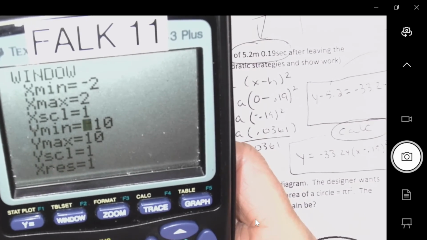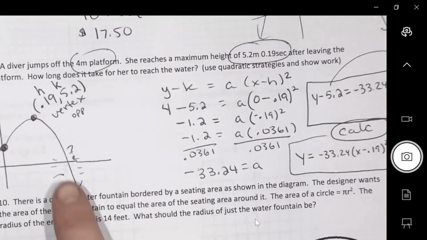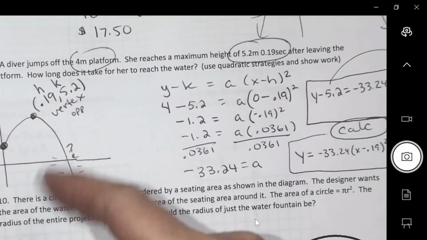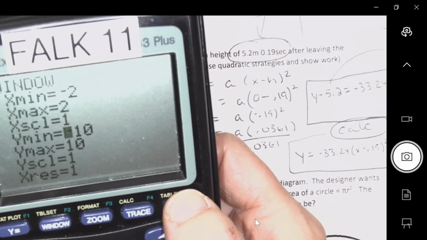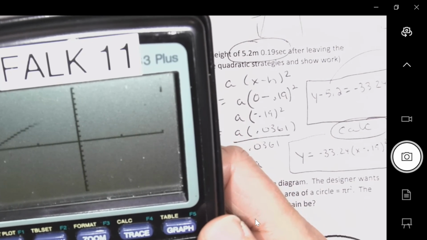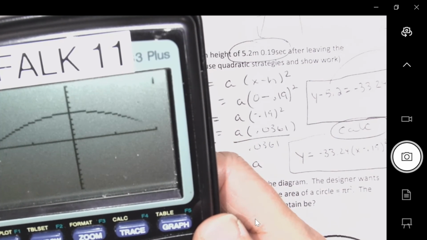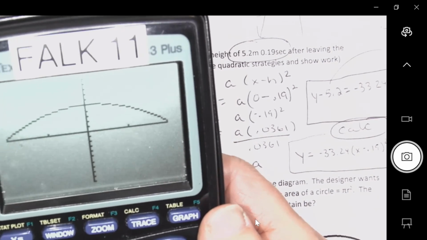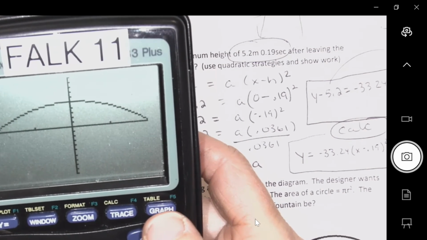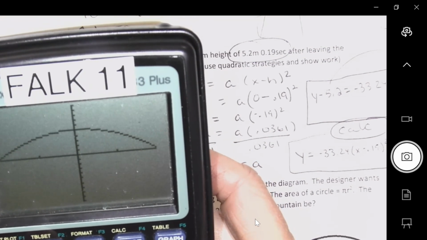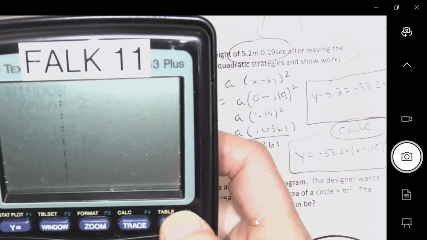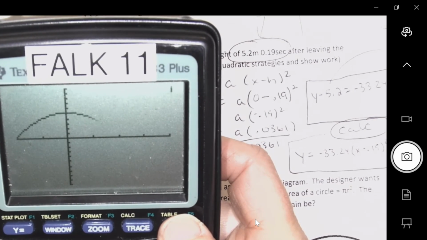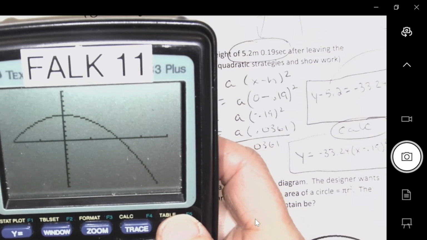My y, well, this height was 5.2, so I'm just going to go -10 to 10. But I don't need much x. Okay, maybe I need a little bit more x. I'll go to 4. There.